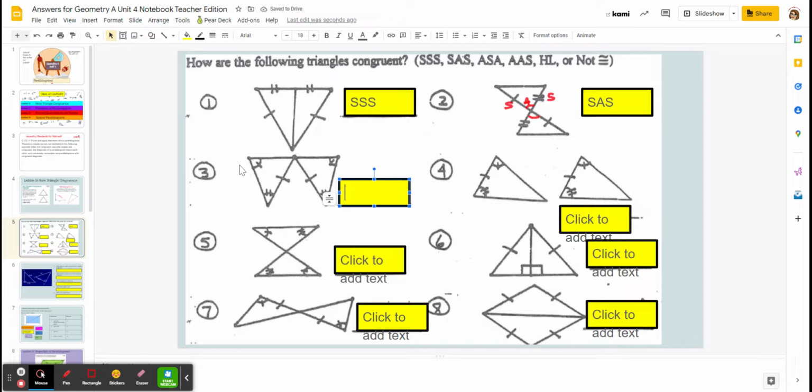Number 3, you can see we have one pair of corresponding angles that are congruent, a second pair, and then notice we have a pair of sides marked congruent that is not between the two angles. So that is angle, angle, side.